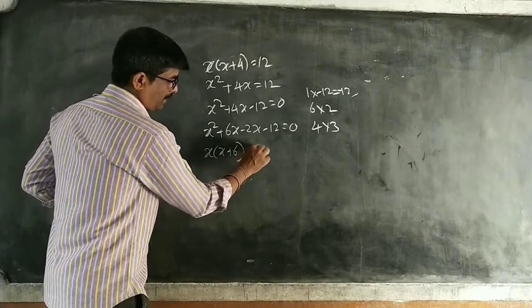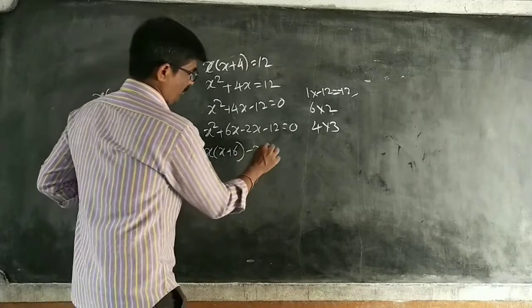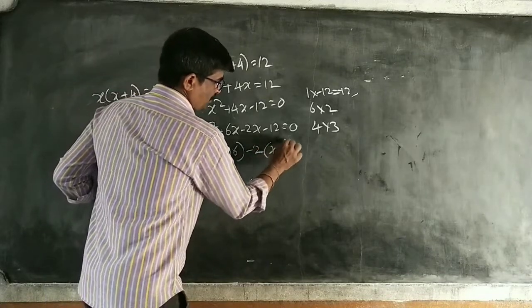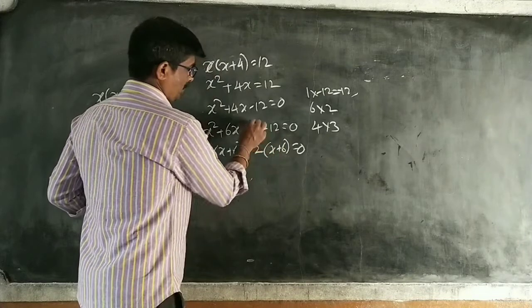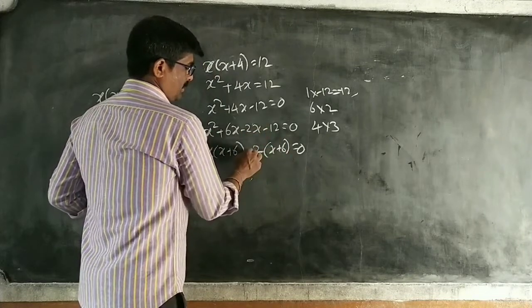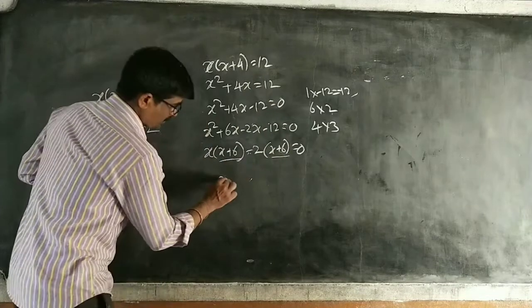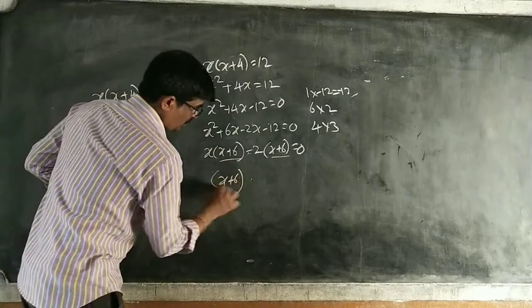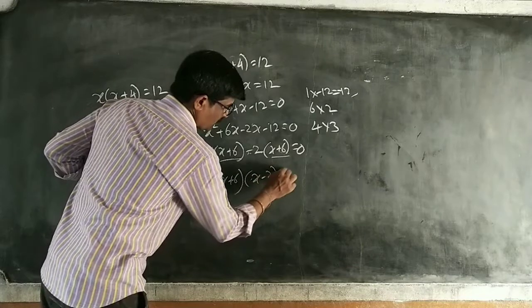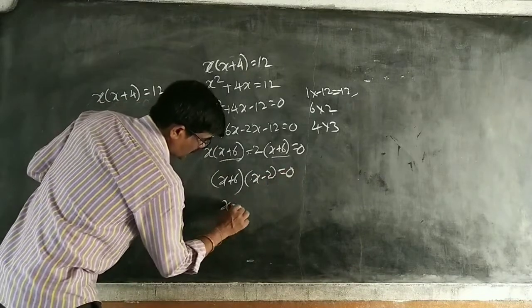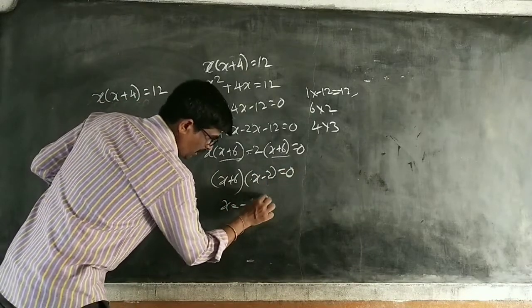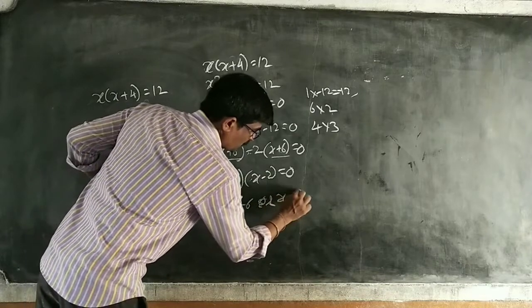Here if I am taking minus 2 common, same, x plus 6 is equal to 0. Minus 2 into minus 2x, minus into plus, minus 6 to the 12. x plus 6 into x minus 2 is equal to 0. Therefore, x is equal to minus 6 or x is equal to 2.